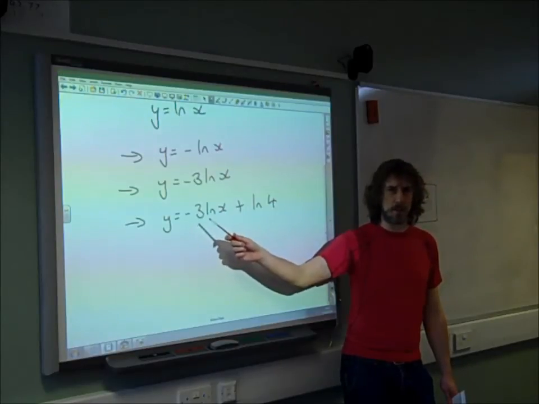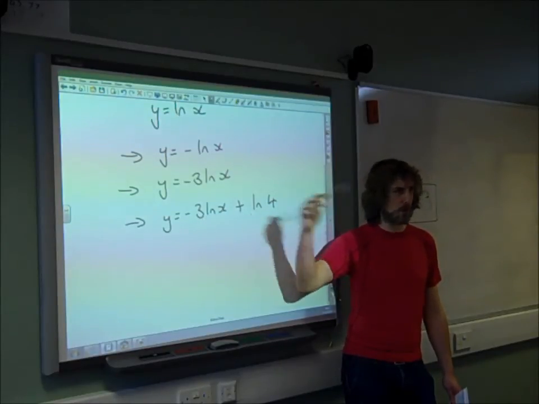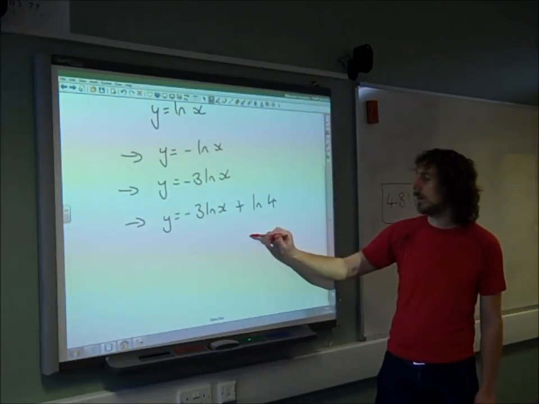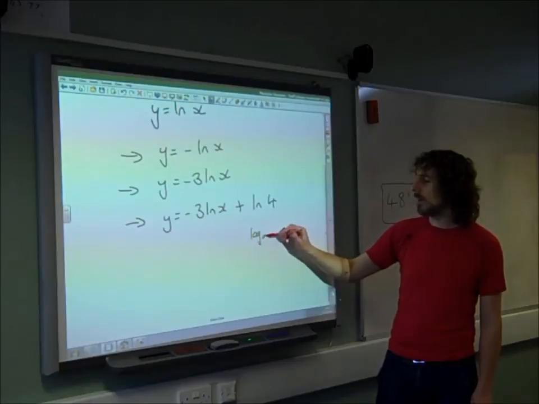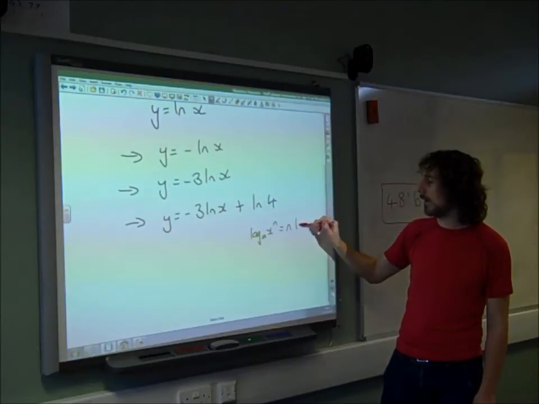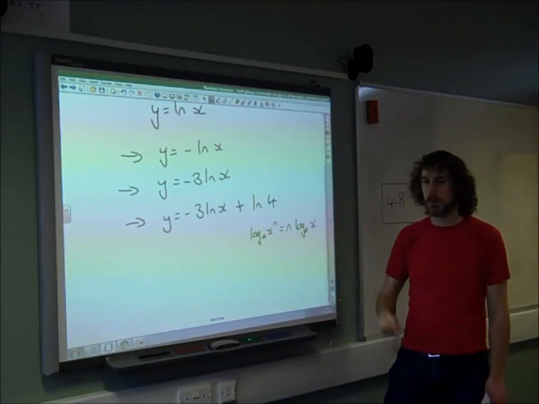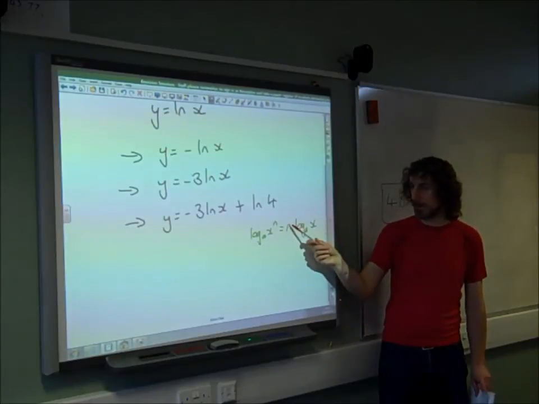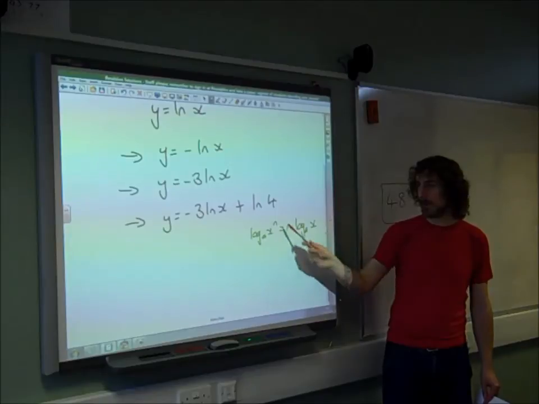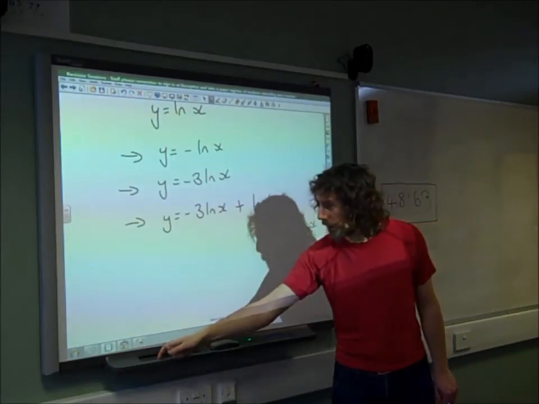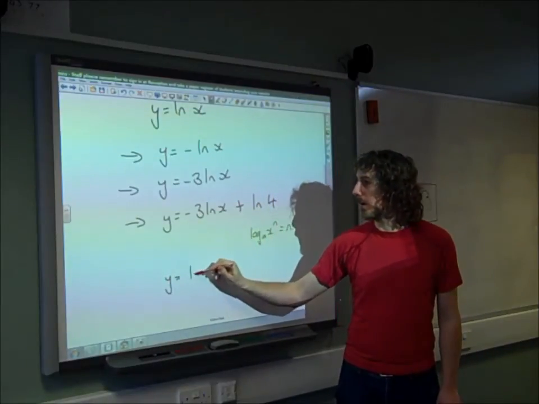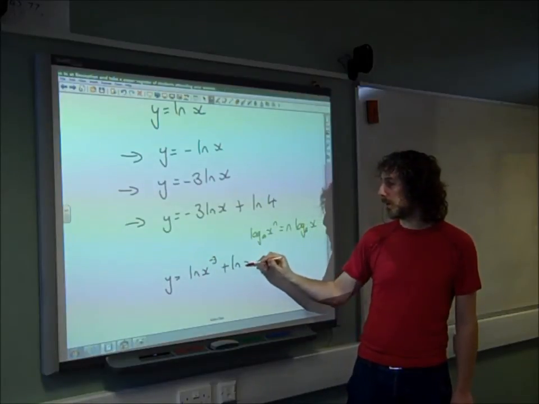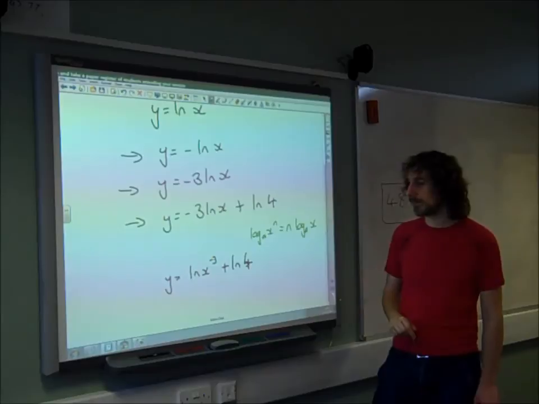When I did it with my groups, the third law of logarithms that we put down was the one that said that log base a of x to the n equals n log base a of x. Do you remember that one? And that's what we're going to use here, isn't it? Because we've got a number in front of our logarithm, so we'll write it in that form. So this becomes natural log of x to the -3 plus natural log of 4.